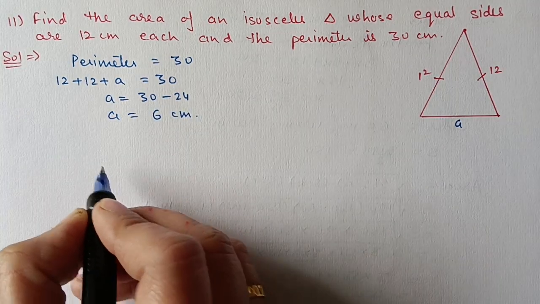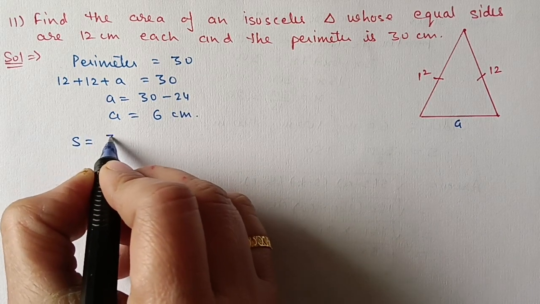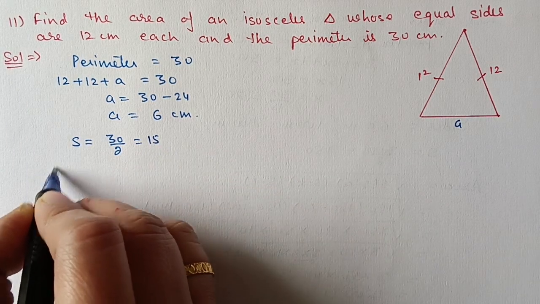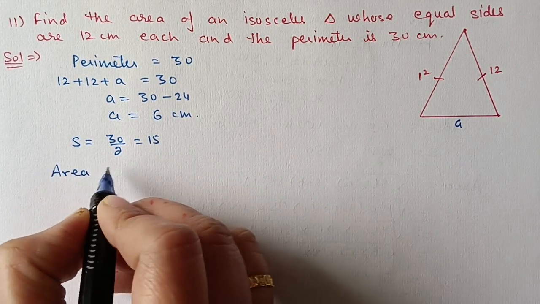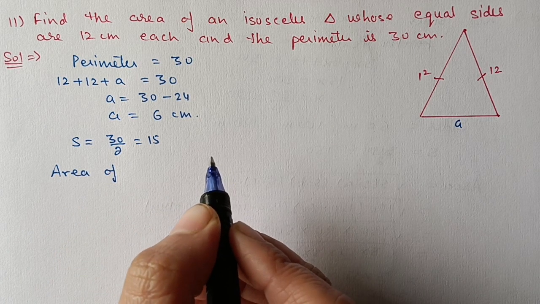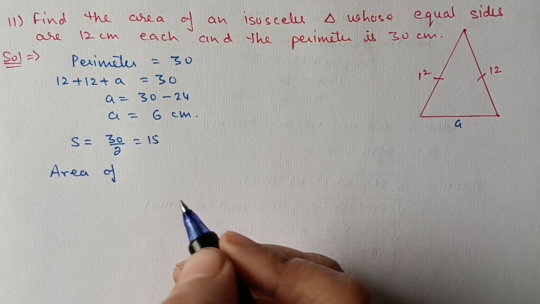Now we have to find the area. First we will calculate the S value. Semi perimeter 30 by 2, 15 we are getting. So for the area, you can use the isosceles triangle formula directly, or you can use Heron's formula, whichever you are able to recall at that time.